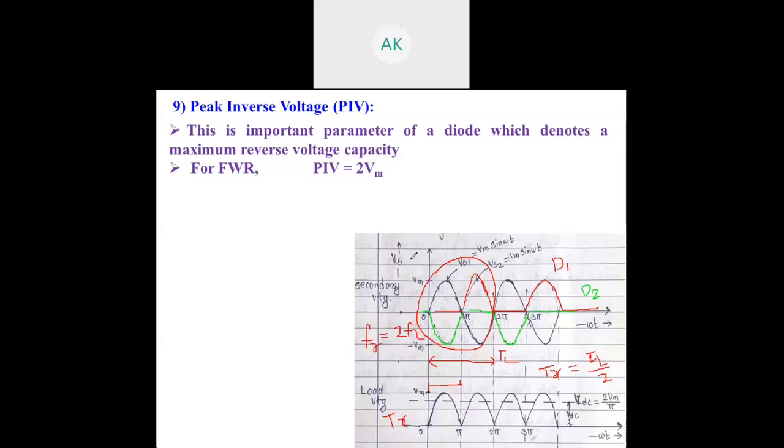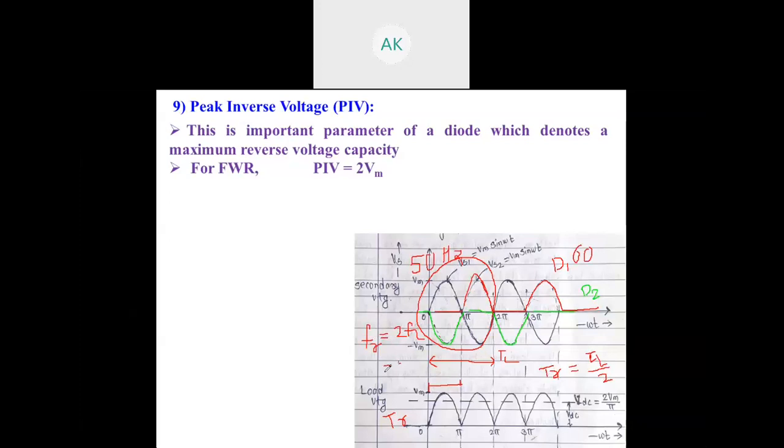In our India, the line frequency is 50 Hertz. In other countries it will be 60 Hertz.